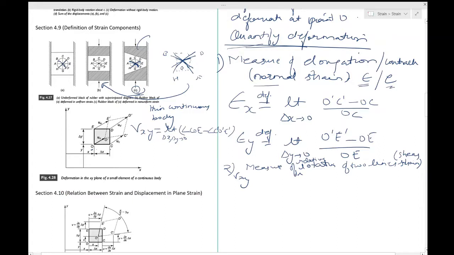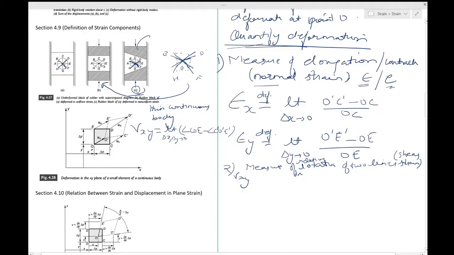The difference between angle COE, which is 90 degrees initially, and the new angle C'O'E' is called shear strain, and that is why it is a measure of the relative rotation of the two lines.